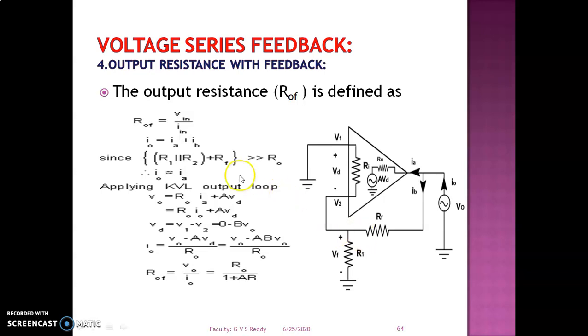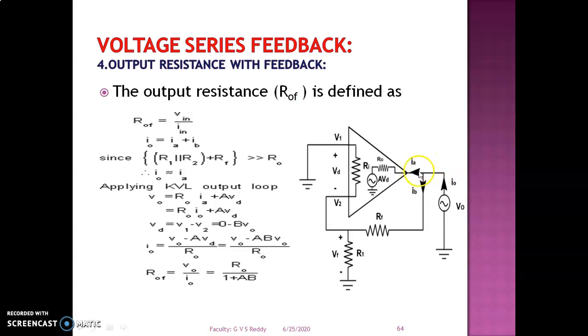IO equal to IA plus IB. So since R1 parallel R2 in series with RF is very much greater than RO, so IO equal to IA. That is, see what is the source current, that is IO is split into two parts.